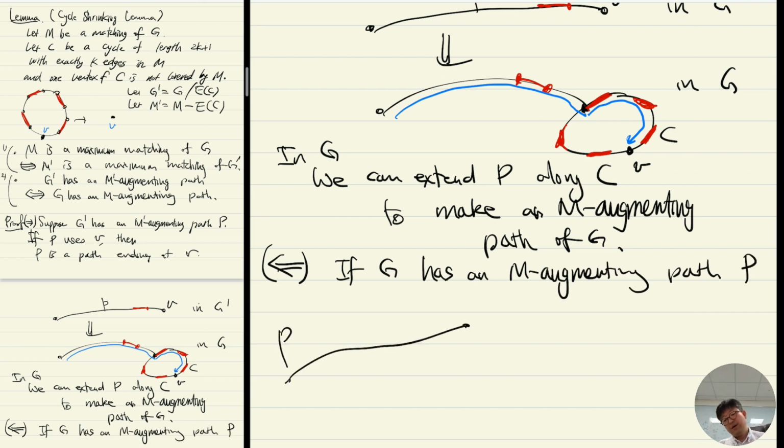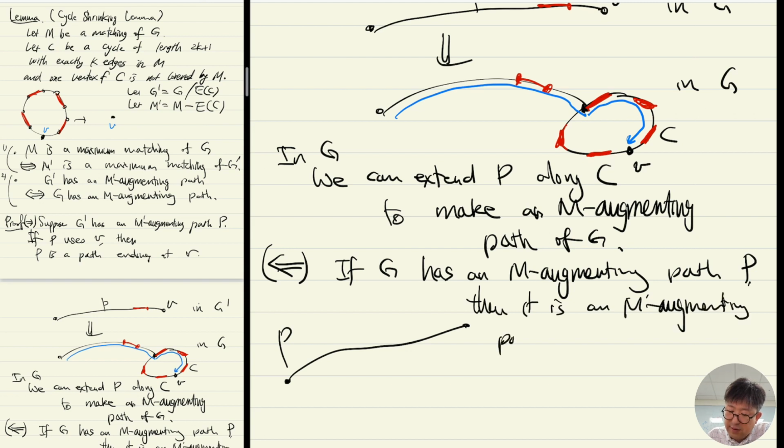So this is P, and now we want to show that G prime has an M prime augmenting path. Then it is an M prime augmenting path of G prime if P does not use V, or P does not visit V, C, right?